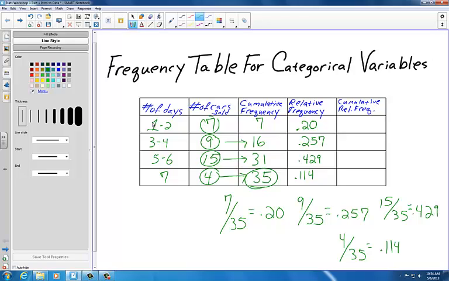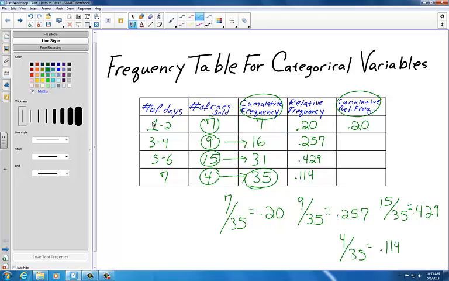So now the last thing we need to fill in is our cumulative relative frequency. And just like the cumulative frequency, the cumulative relative frequency is going to add up the percentages throughout the week. So here in the first cell, I write 0.20 for 20%.